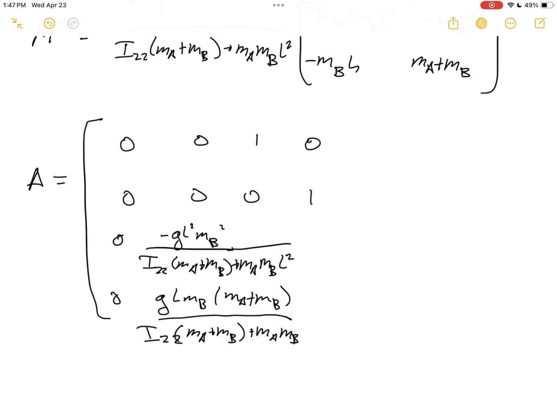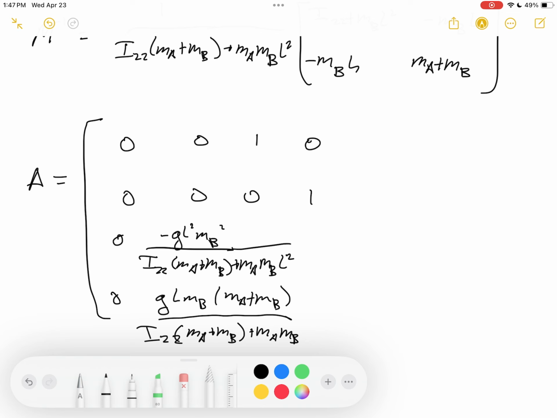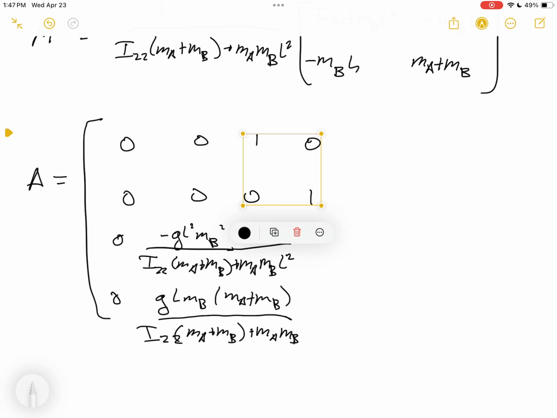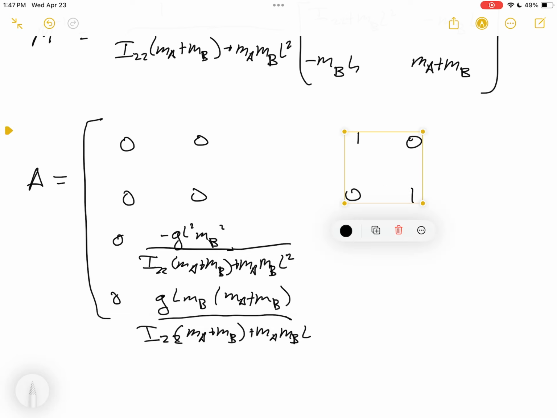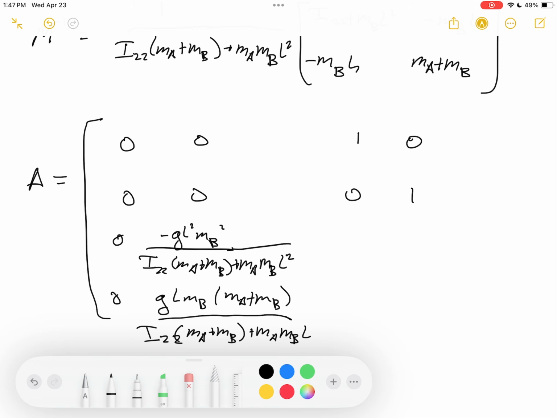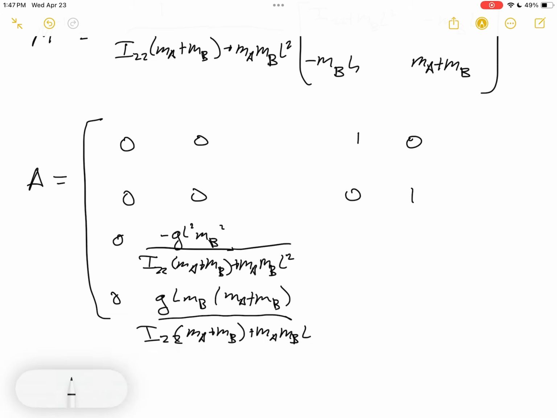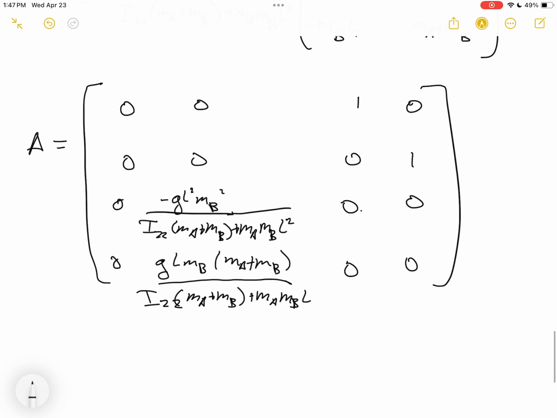Go ahead and move our identity matrix over a little bit to make room for what's below it. And then we have a 0 block matrix in the bottom right. So that's the matrix A.